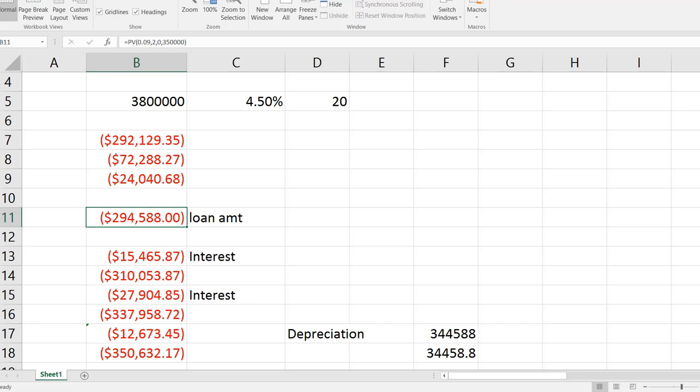So they're going to credit cash $50,000, credit loan payable $294,588, and they're going to have an asset of the total together of $344,588. Adding the amount of the loan plus the $50,000, that's what they're going to use to calculate depreciation, and that's what they're going to record on their balance sheet for the asset amount.